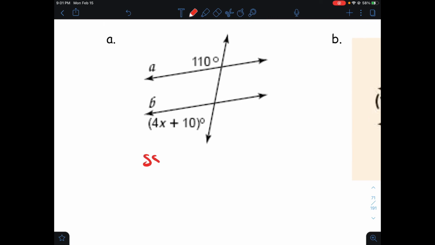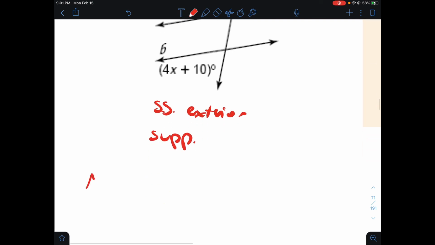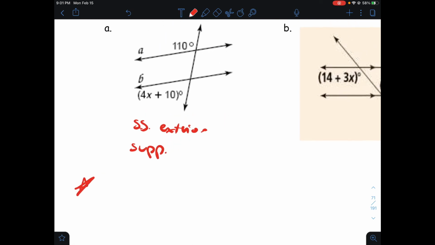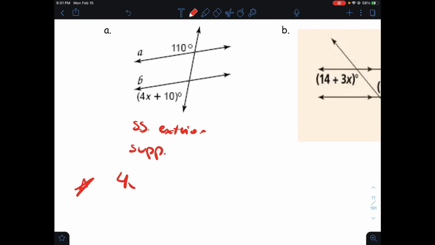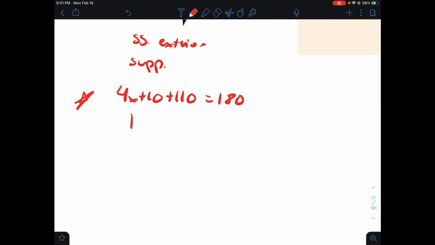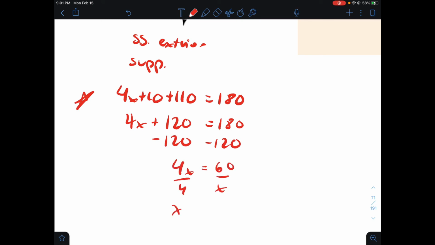So go ahead and solve for x. You should do 4x plus 10 plus 110 equals 180 because they're supplementary, right? And you get 4x plus 120 equals 180. Minus 120, and you get 60. Should get x is 15.